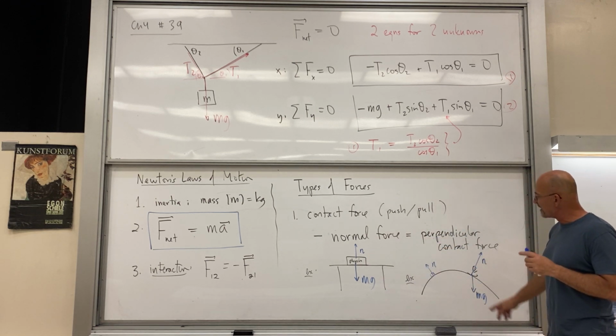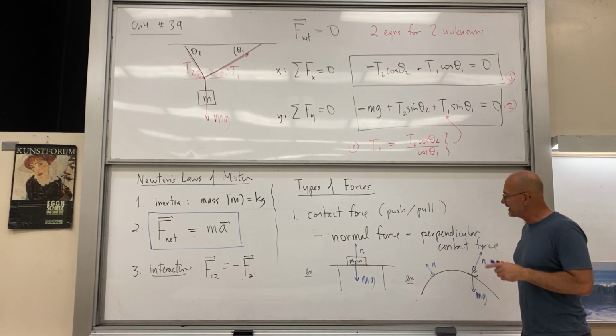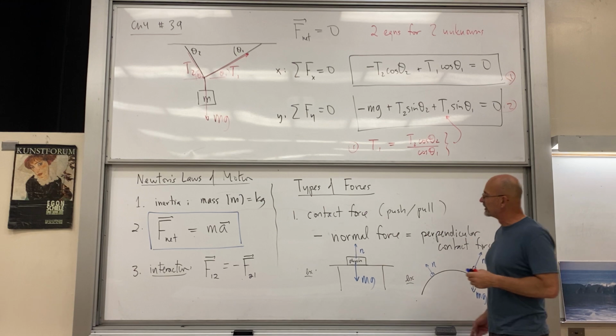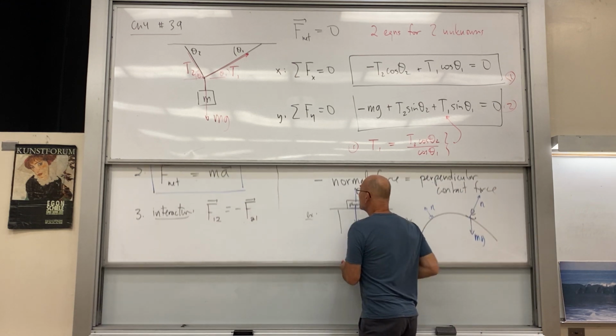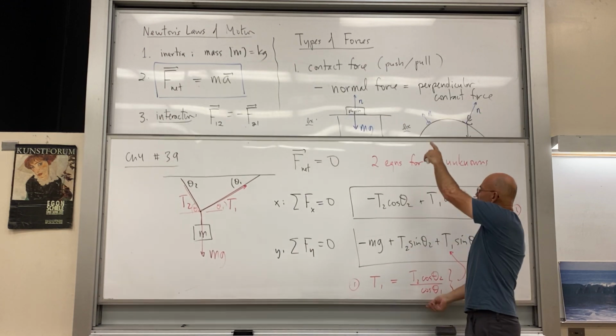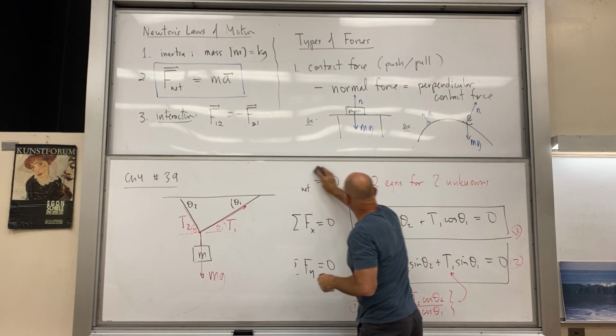You'll notice I've drawn the weight in twice already, and the weight is not a contact force. The weight is a field force. So under this heading, types of forces, we'll put number 2, a field force.